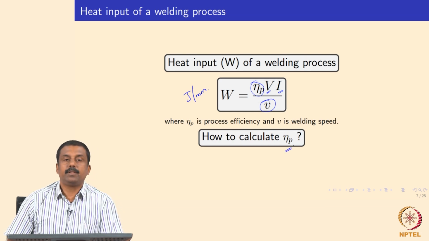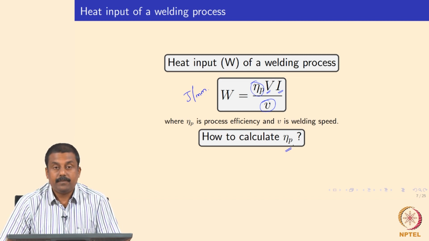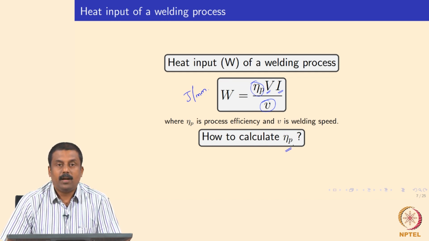The efficiency of the process is determined by various factors, including the polarity of the source, whether you keep the electrode positive or negative, and your shielding gas characteristics, as well as process characteristics, such as whether your arc is completely shielded, or protected from the atmosphere, and whether all the heat generated in the arc is transferred to the workpiece or not.